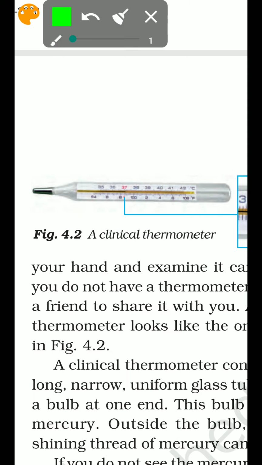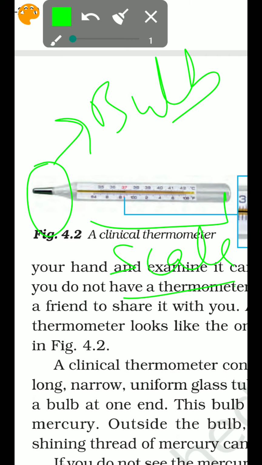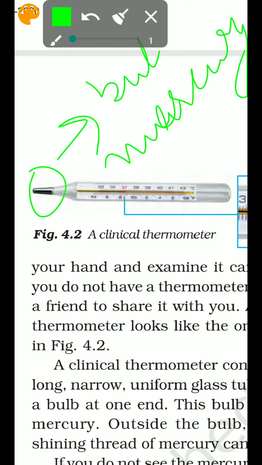So it includes two main parts: the first one is the bulb and the second one is the body. This body contains a kind of scale. What is the bulb? The bulb in the thermometer is the narrow part which has mercury.